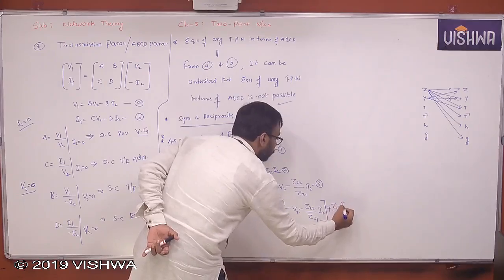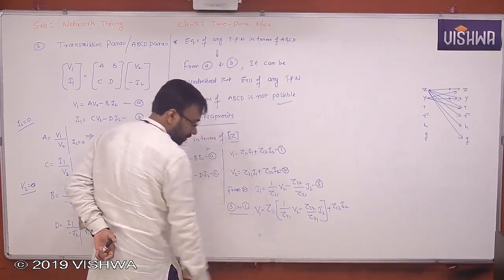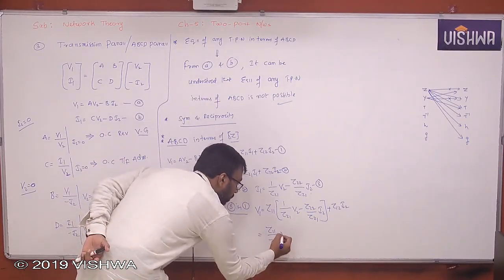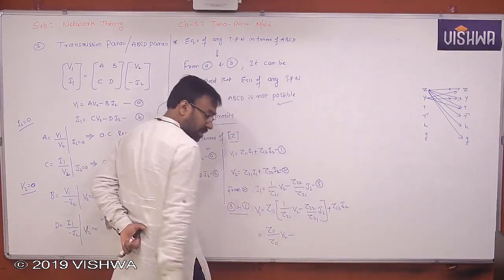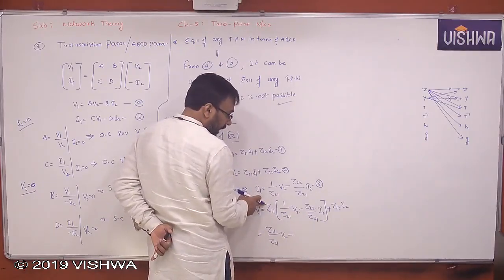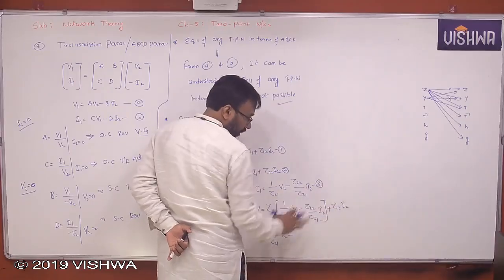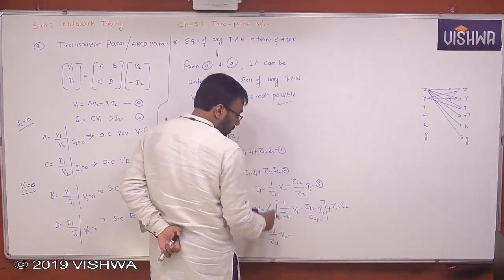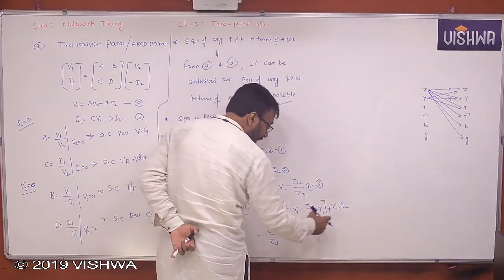Z12 I2. Now look at this. Z11 by Z21 V2 minus, can I take I2 common? Yes, I can. Z11 Z22 by Z21 plus Z12, into I2. If I take I2 common, if I take LCM also, and take minus common, then minus Z12 Z21.